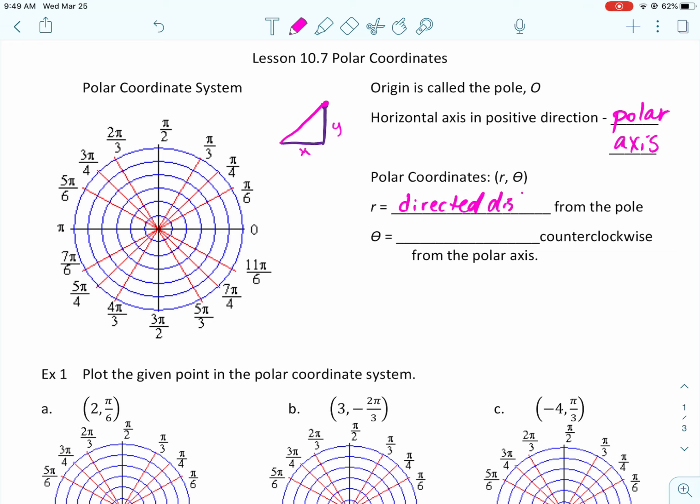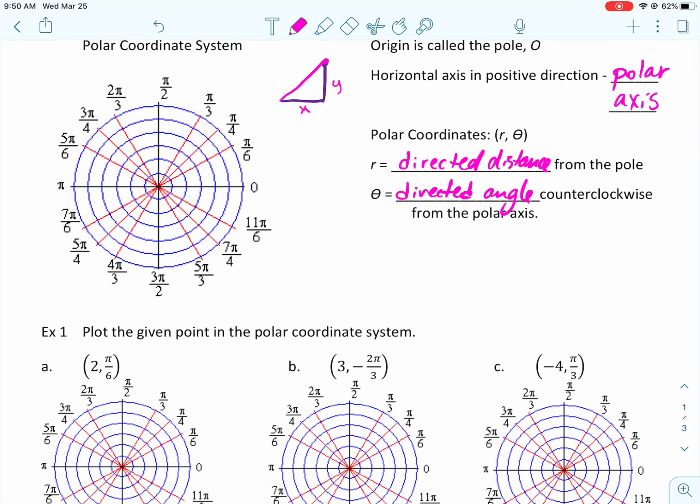For polar coordinates you have r and theta, and r is the directed distance from the pole, and theta is the directed angle counterclockwise from the polar axis.